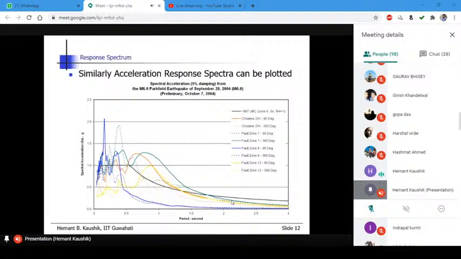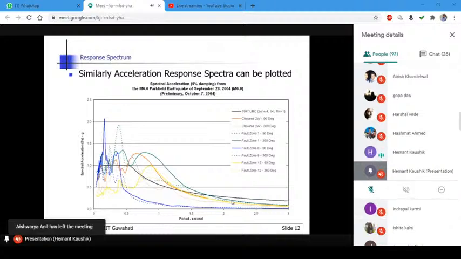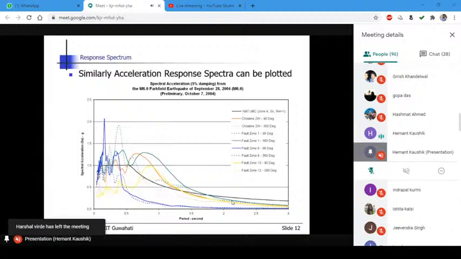So that is why initially you have higher acceleration response, and when the natural period of vibration of the structure increases, the structure will start vibrating with less frequency, with less vigor. So you will have lesser acceleration when you increase the natural period because it becomes flexible.